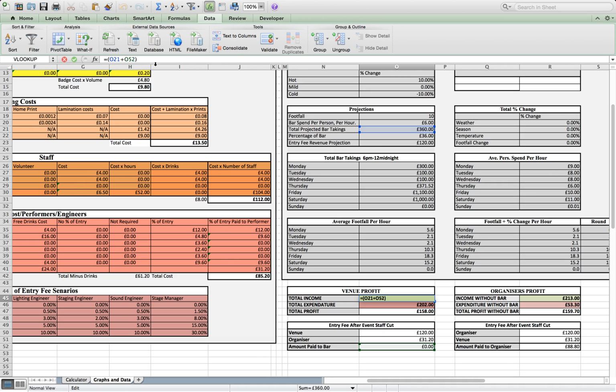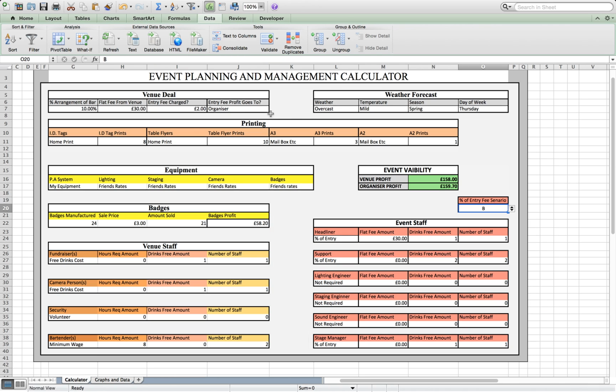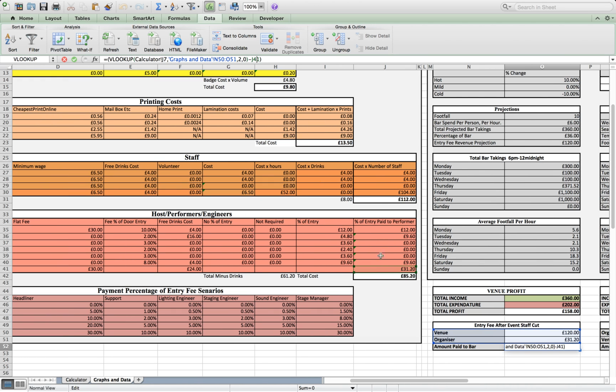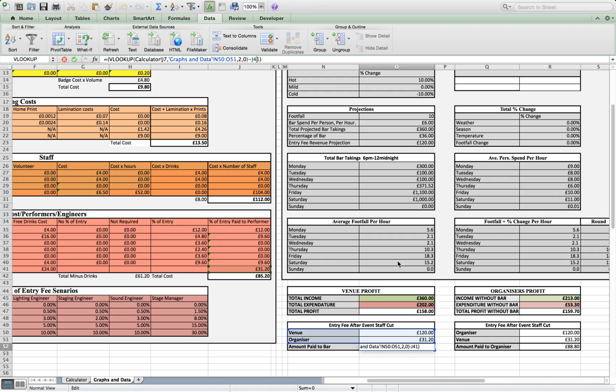Well, let's have a little look at this box now. So this is a complicated box. We've got VLOOKUP, J7, so they're going to look up this box here, and they're going to look it up in this section, but they're going to minus J41, and J41, remember, is here, minus the amount paid to the event staff.